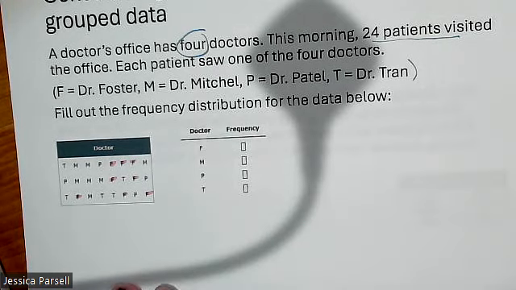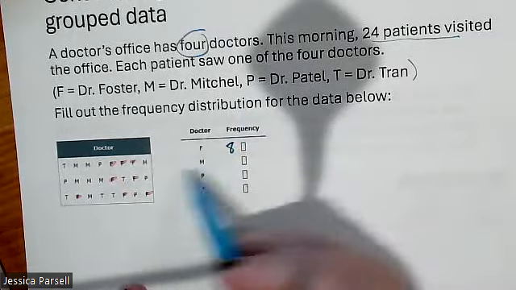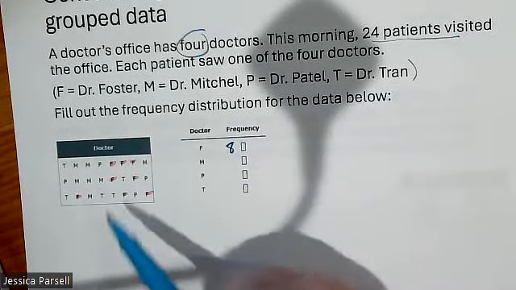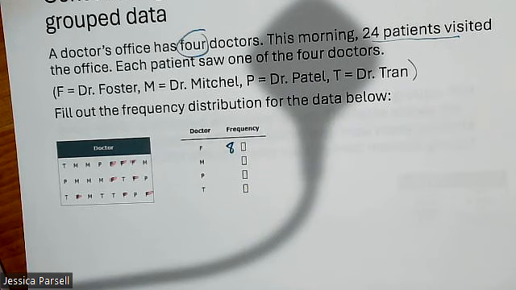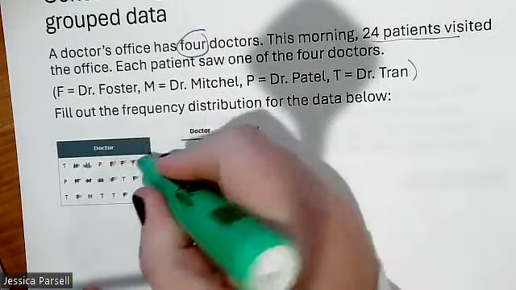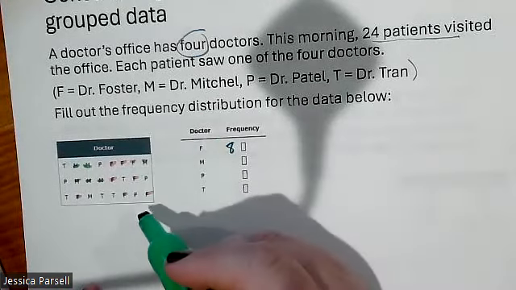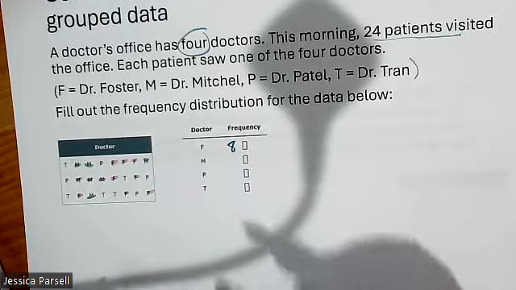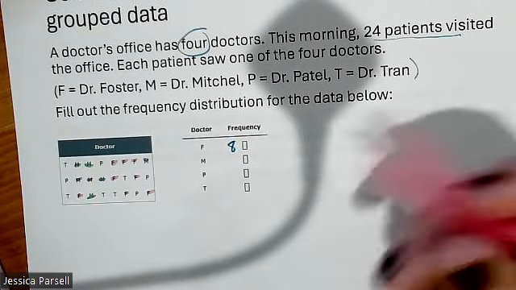So I see 8 people seeing Dr. Foster. That's how many times or how frequently those patients came up. Let's look at Dr. Mitchell, starting with an M. I see 7 people came to see Dr. Mitchell.